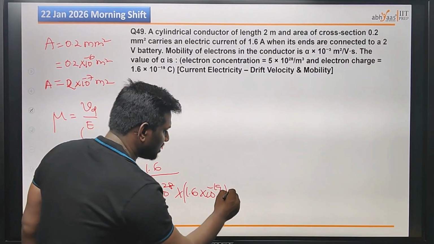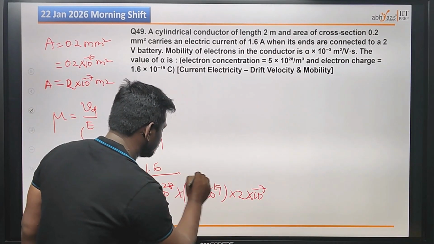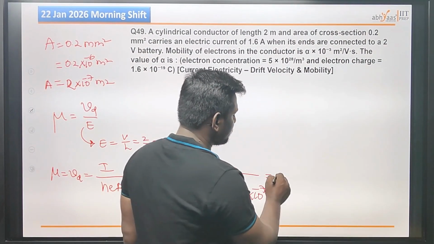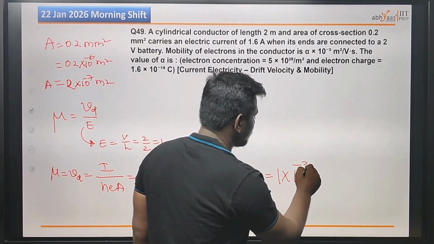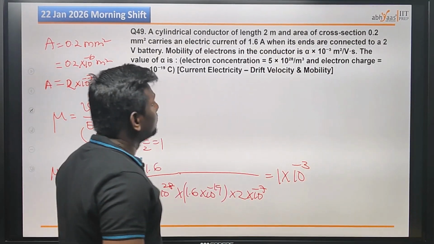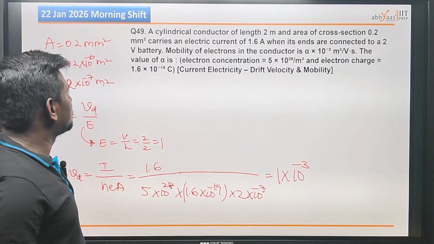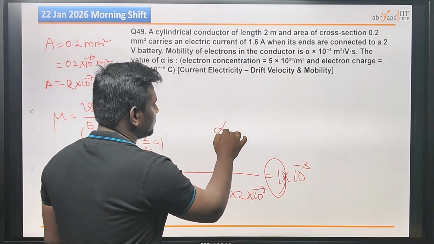I have written the area already, 2 into 10 to the power minus 7. If you solve this entire problem, you are remaining with 1.1 into 10 to the power minus 3. So what is the value of alpha? Alpha is nothing but 1.